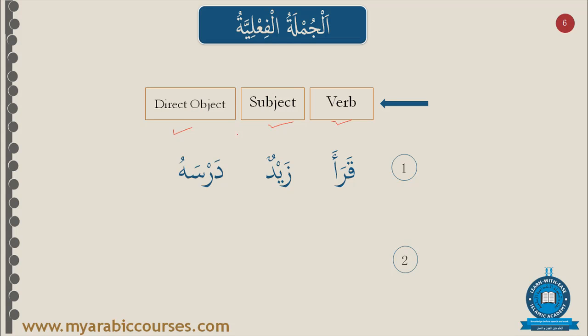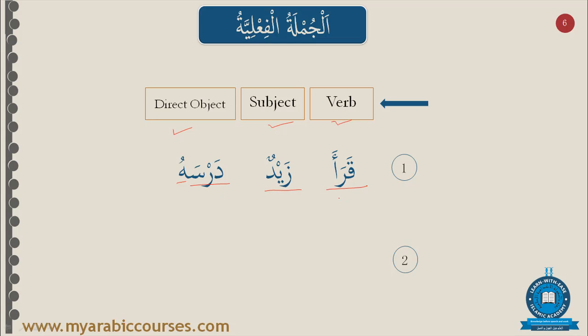So I'm going to give you two sentences here. The first one is قرأ زيد درسه. Let's say together. قرأ زيد درسه, meaning Zaid read his lesson.